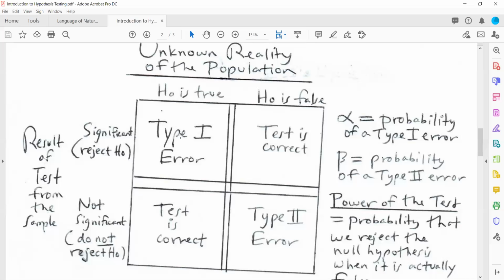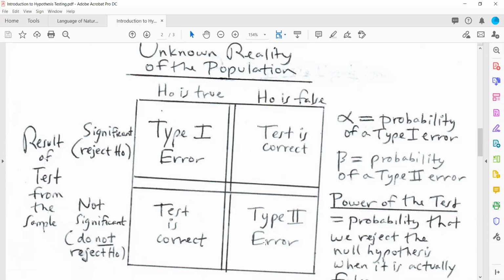The test shows positive, meaning you have COVID, but you really don't. The other type of error would be the case where we do not reject H0. That means the test does not show COVID when you actually have COVID. That's called a false negative. So a false positive is similar to a type 1 error, and a false negative is similar to a type 2 error. You may want to write that down. It's mentioned in your book.